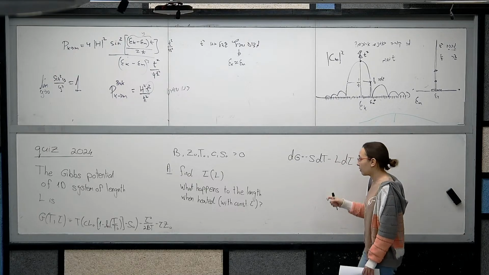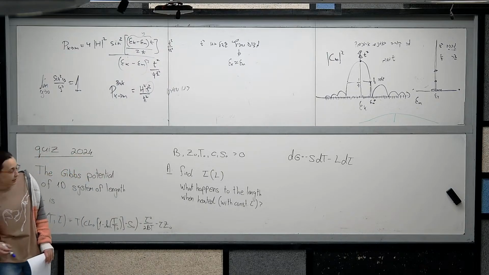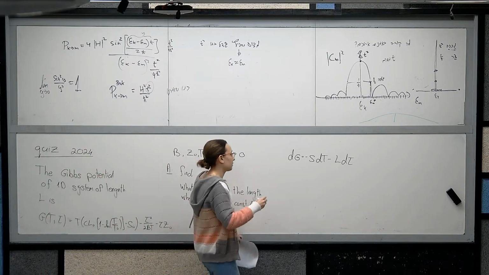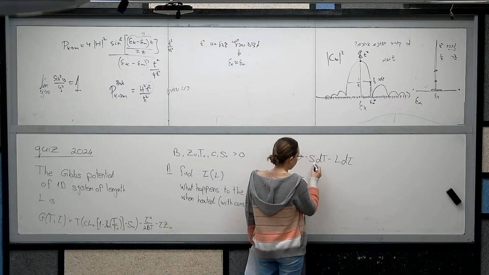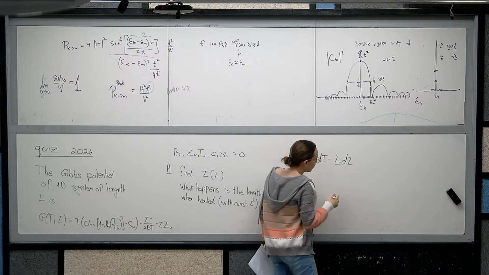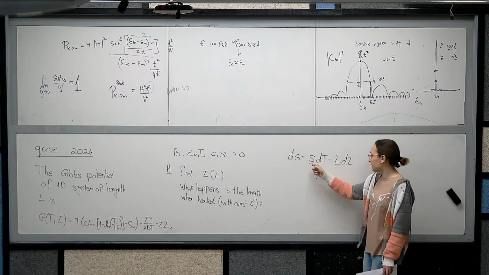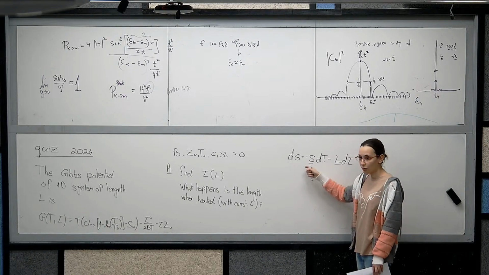The parameters in the equation are S and L, the entropy and the length.